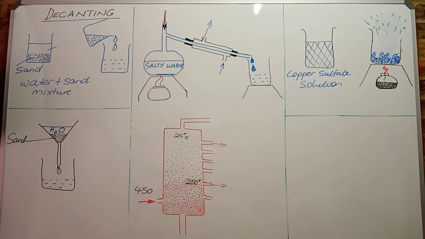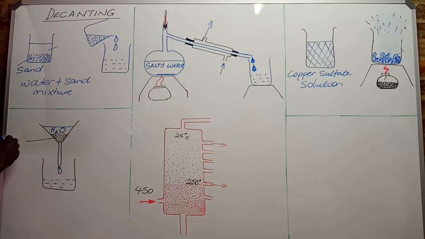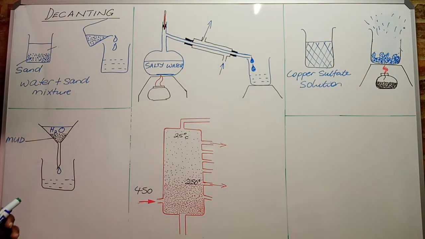Now, we have a second scenario where we could have water mixed with mud. Let us take away sand and say this becomes mud. We all know that the mixture of water and mud is soil.